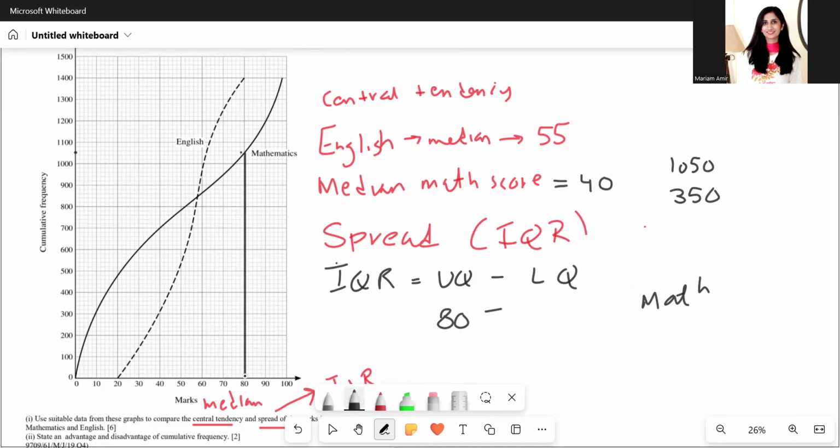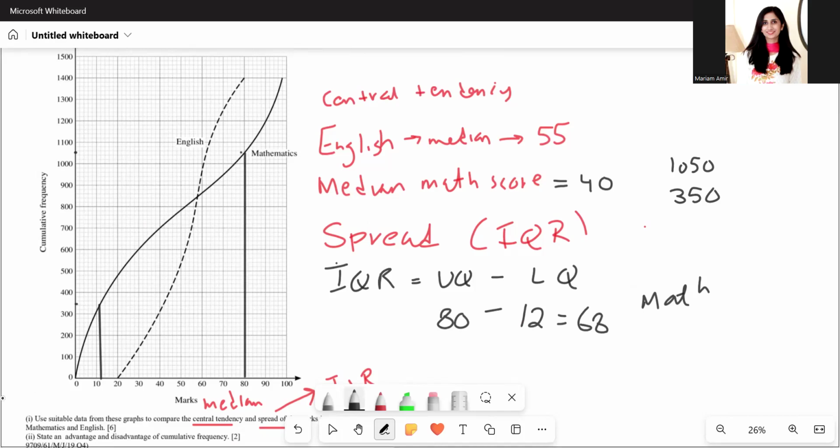Now read the x value corresponding to 350. 350 is here, and we are reading for math. It's going to be this, which is around 12. So 80 minus 12, we get a 68 interquartile range for math.